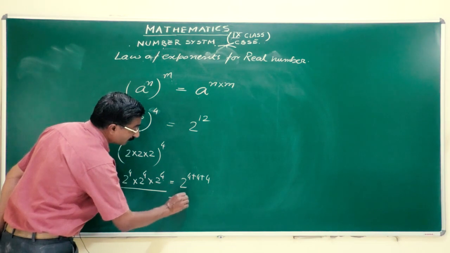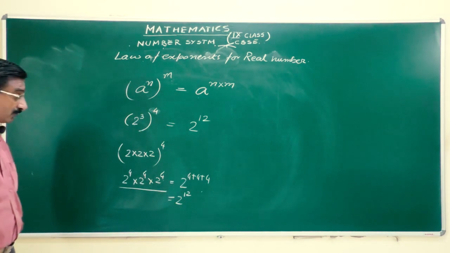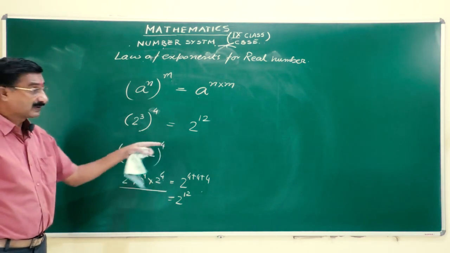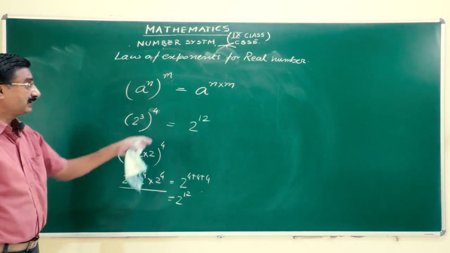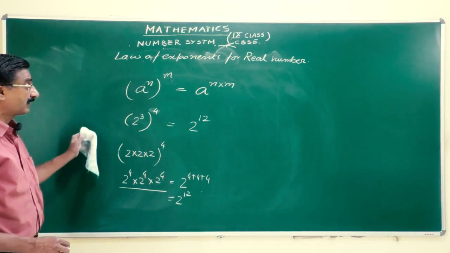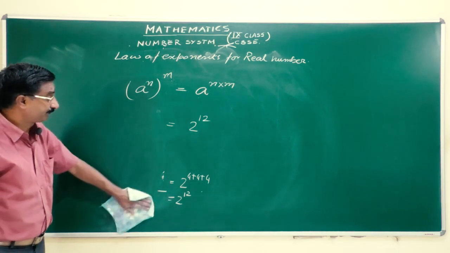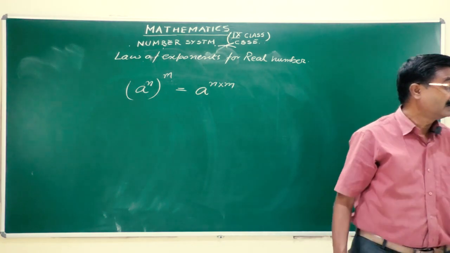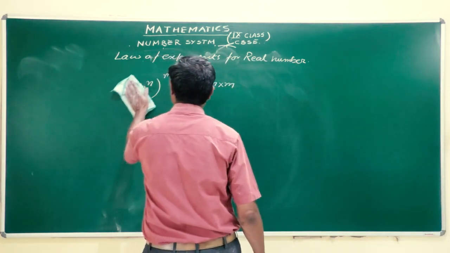So this is equal to 2 raised to the power 12. Now the concept is clear, I think. So this will be multiplication of the powers: a raised to the power n raised to the power m is equal to a raised to the power n into m.